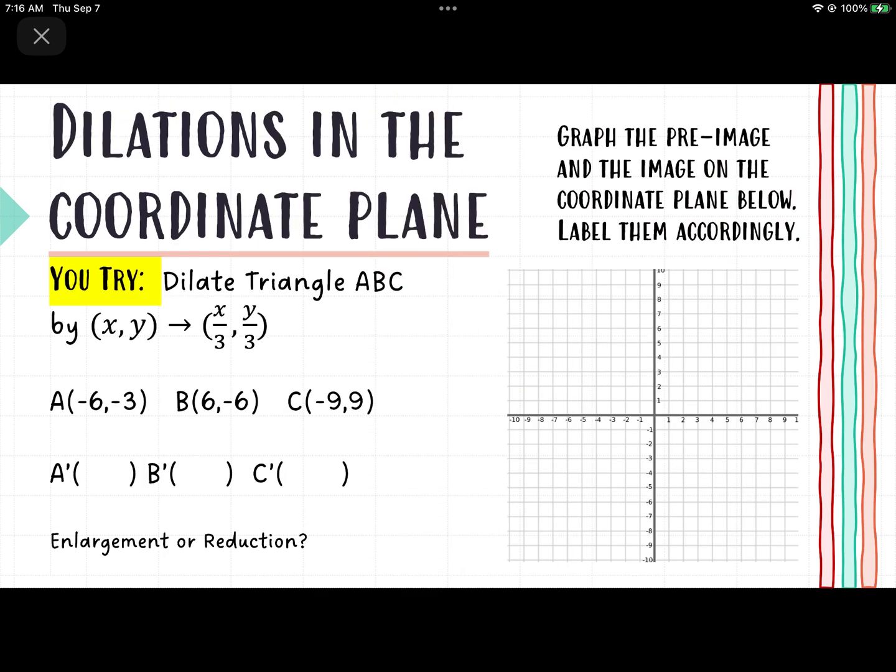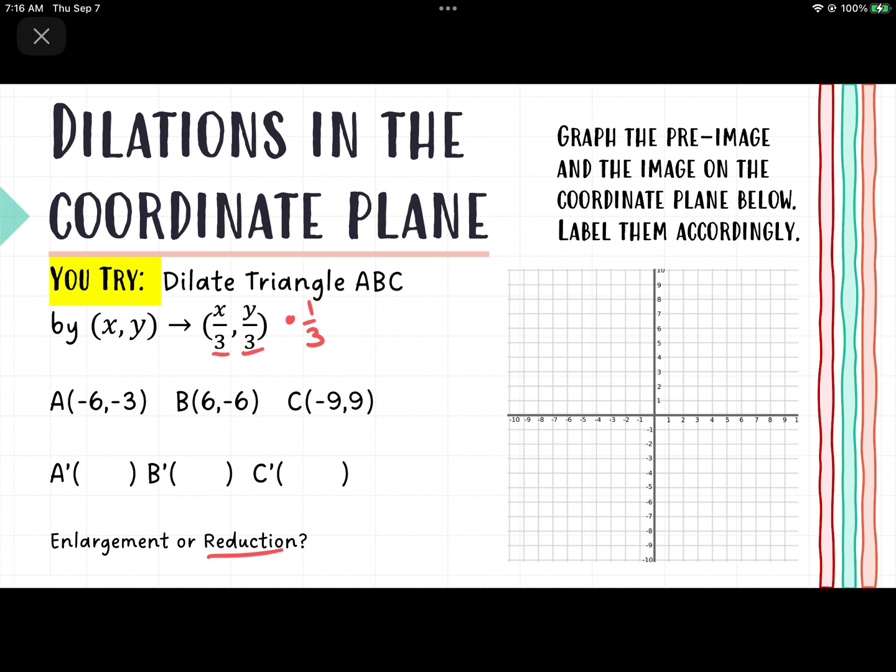Graph the pre-image and the image on the coordinate plane below, label them accordingly. Dilate triangle ABC, and this time we're dividing by 3. This is like multiplying by 1/3. And since we're multiplying by a number less than 1, we're reducing the size of the shape. And so I'm going to pause and plot ABC.